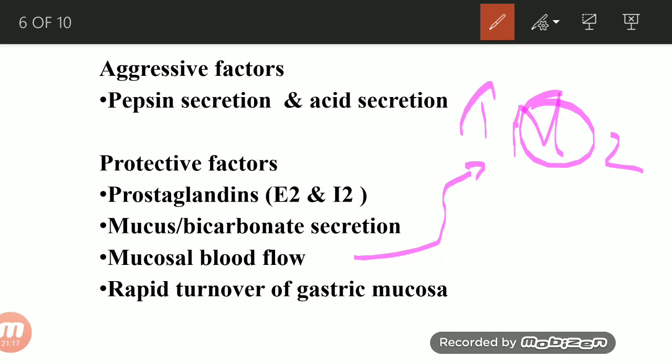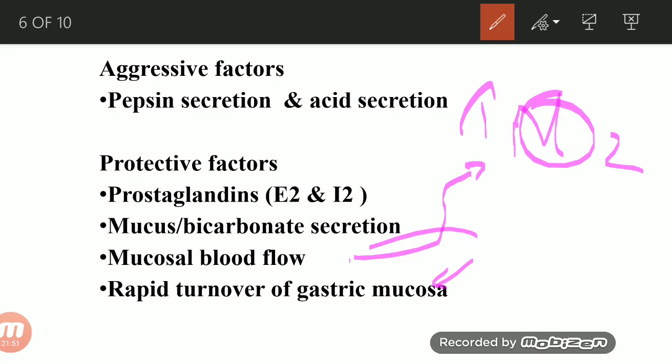If your mucosal blood flow is good, then there will be less damage occurring to your mucosal layer. The epithelial layer of your gastric mucosa is changing tremendously at a very high rate. There is apoptosis occurring at a high rate in the GI tract. So if blood flow is good, it will also support the rapid turnover of your gastric mucosa as well.